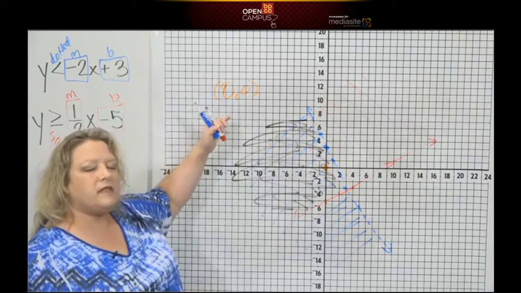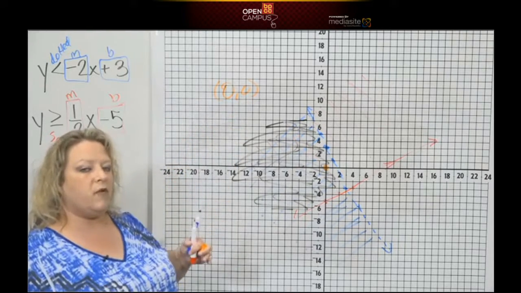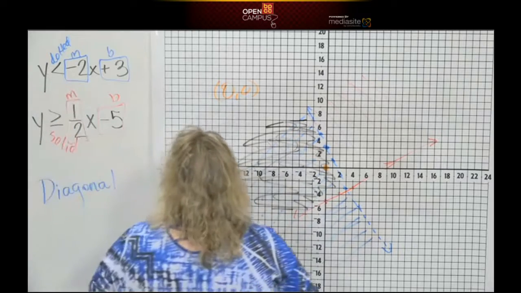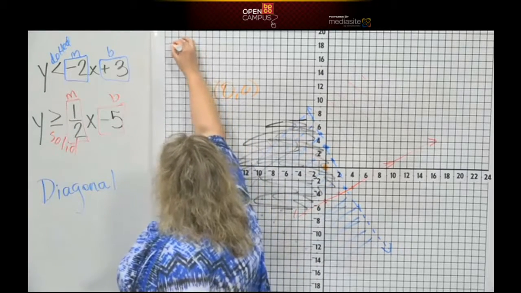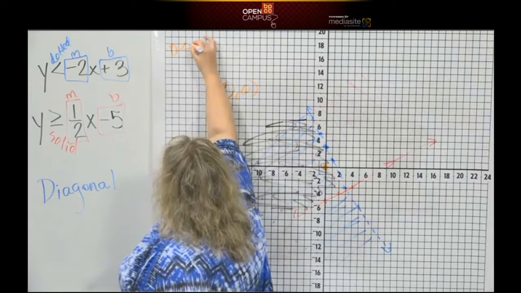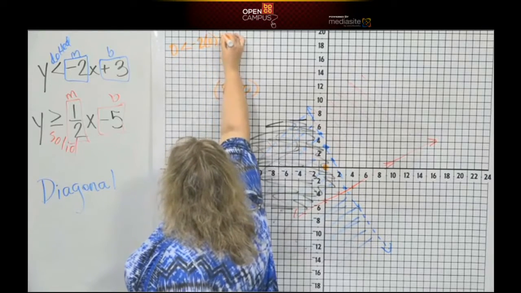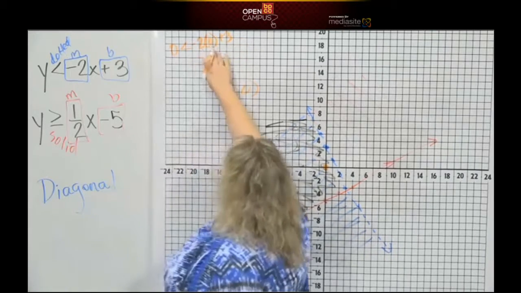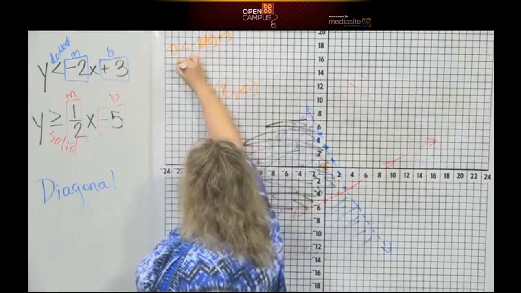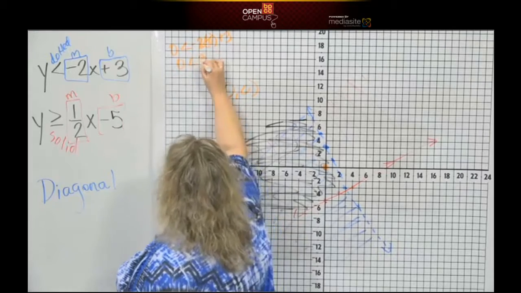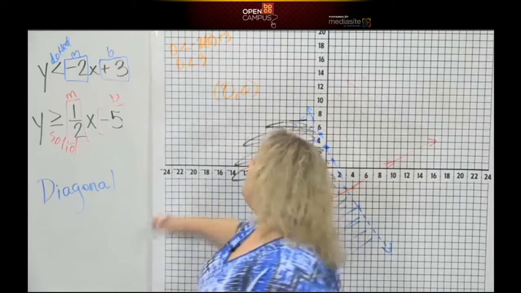Remember, in order for this to be true, it has to be true for both equations. So if I plug that in, that would be 0 less than negative 2 times 0 plus 3. Well, any number times 0 is 0, so that would be 0 less than positive 3. Is that true? Yep, it's true.